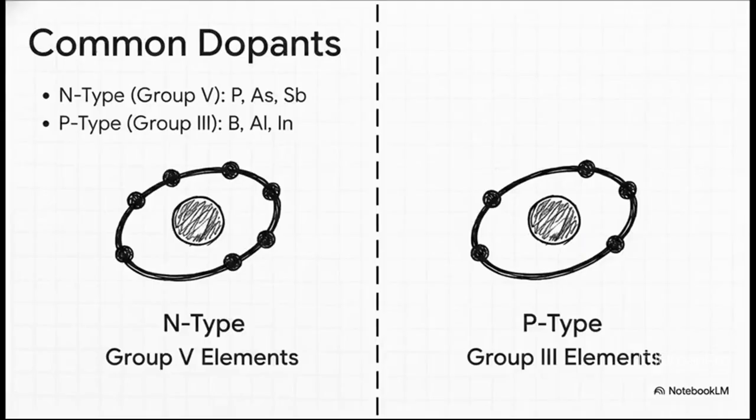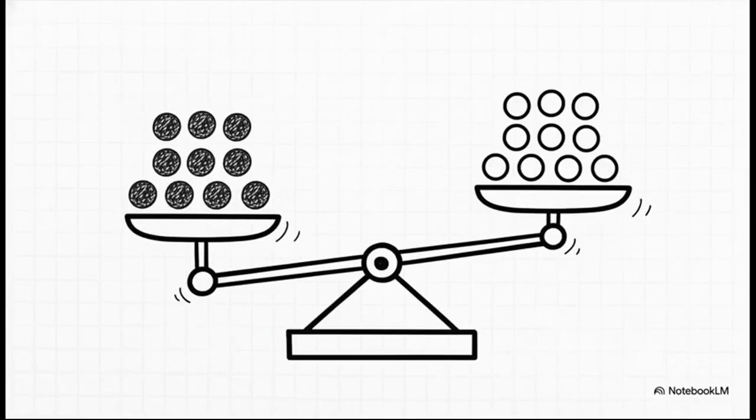Let's rapidly rattle off the most common dopants, because you definitely want to lock these in your memory for test day. For N-type, we grab group V elements like phosphorus, arsenic, or antimony. For P-type, we look over at the group 3 elements, using stuff like boron, aluminum, or indium. Got it? Awesome. Now here is the absolute golden rule of doping.